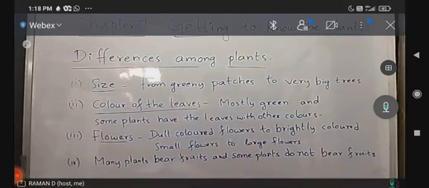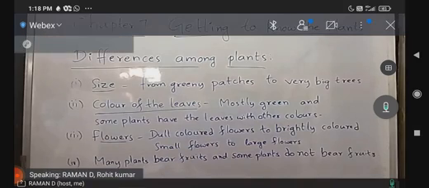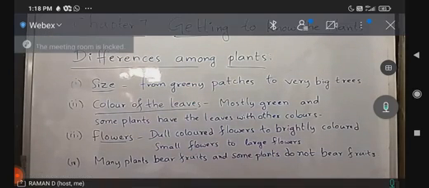Sir, once again tell the point. Okay, listen. Most of the plants produce flowers, but flowers may or may not develop into fruits. Flowers of some plants develop into fruits; flowers of other plants may not. For example, the flower of the mango plant develops into fruit.